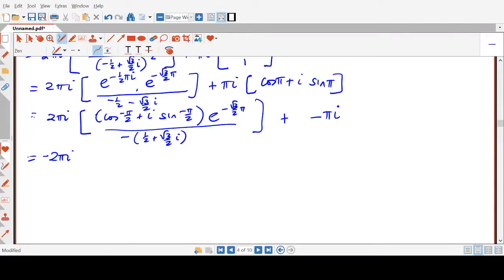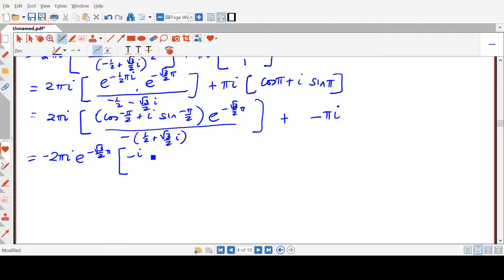Minus 2 pi i. Okay, this e to the minus root 3 over 2 pi, that's a number. Cos minus pi over 2. What's cos of pi over 2? 0, right? Cos of pi over 2 is 0. That's okay. Sine of minus pi over 2 is minus 1. It's minus i there. Aha.